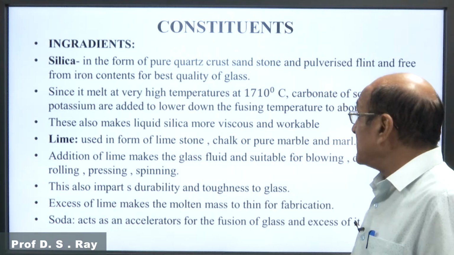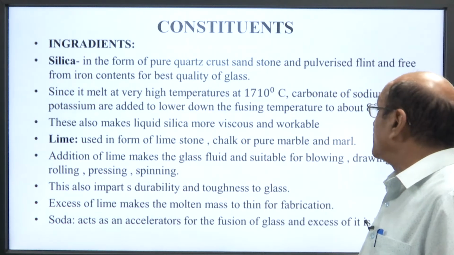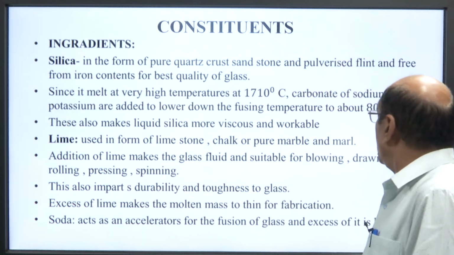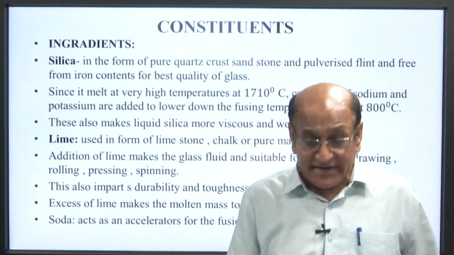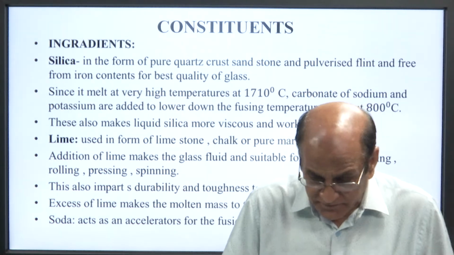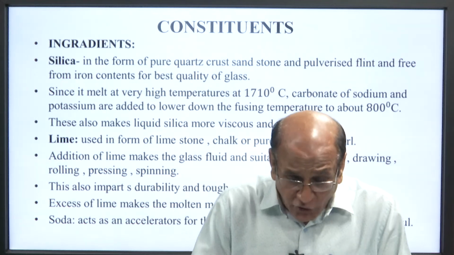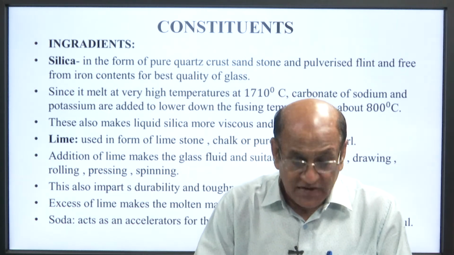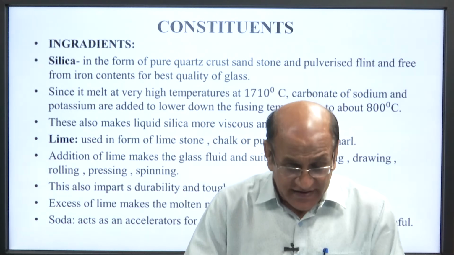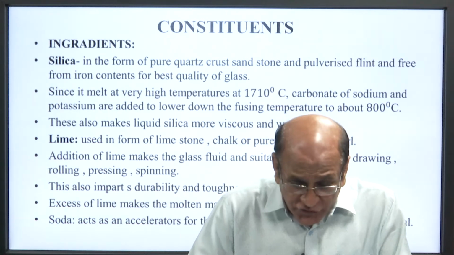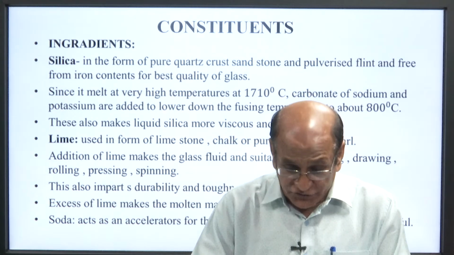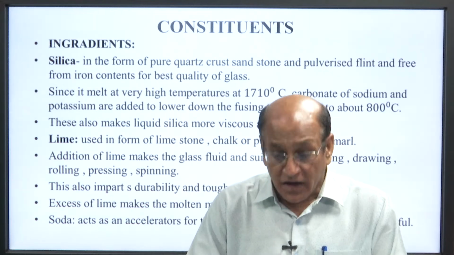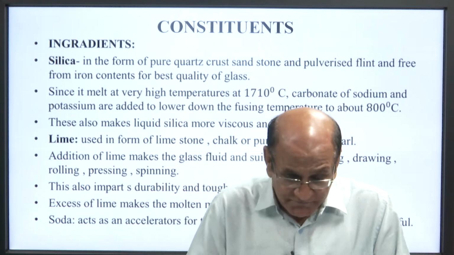carbonate of sodium and potassium are added to lower the fusing temperature to about 800 degree centigrade. These also make the liquid silica more viscous and workable. Now, the next ingredient is lime, used in the form of limestone, chalk, pure marble or marl.